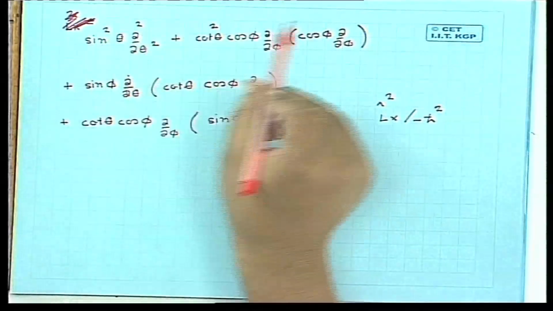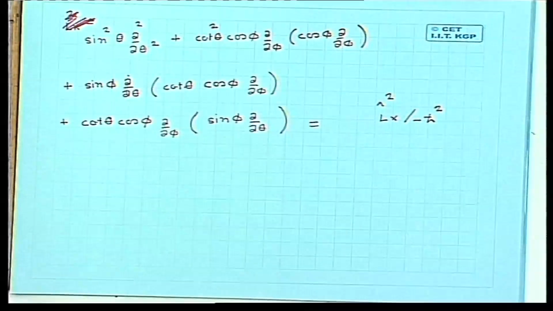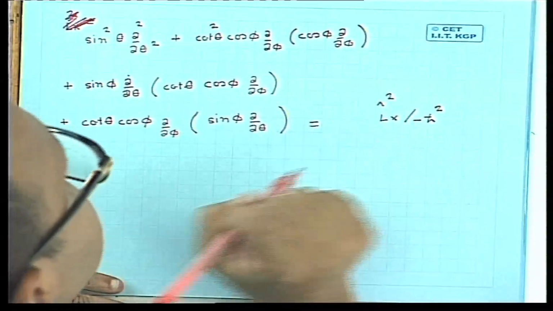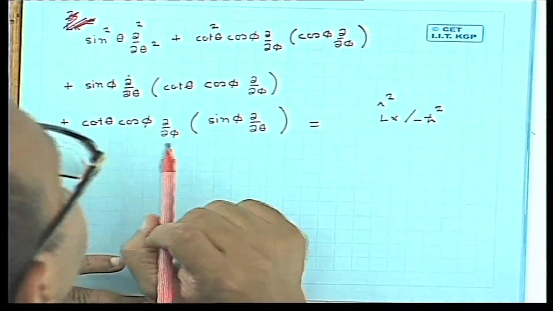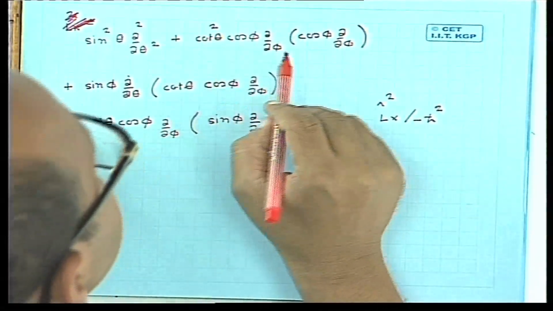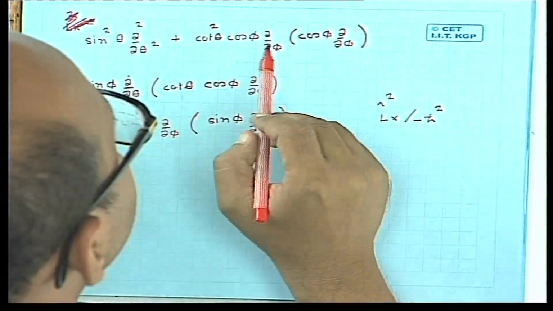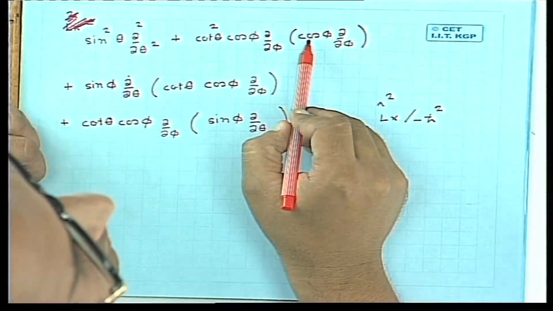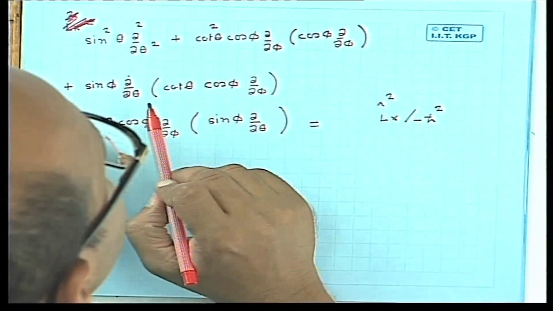So let us simplify this a little bit more. The first term remains as it is. The second term will have two parts now. One part will be minus sin phi: if it differentiates the cos phi, I will get a minus sin phi.